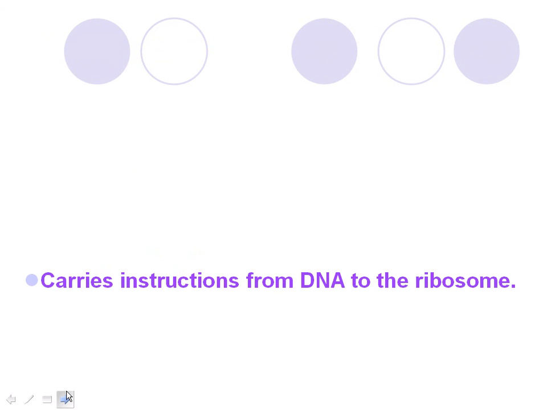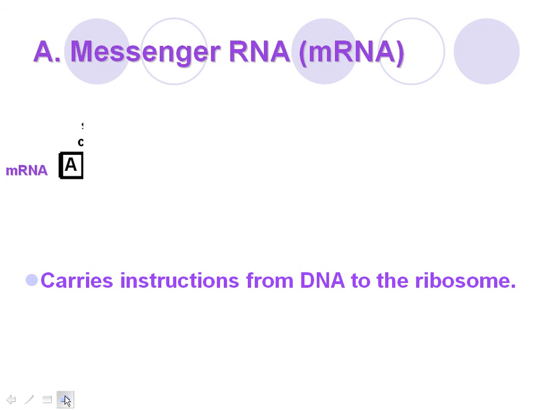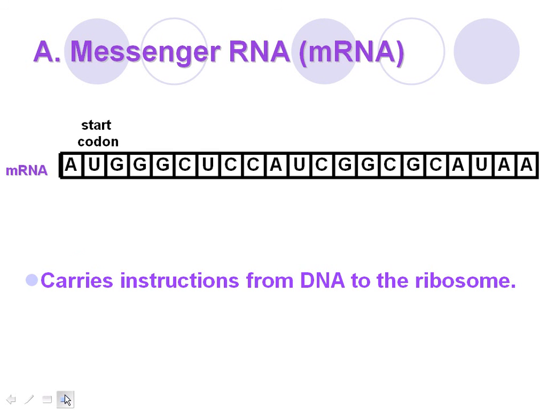Okay, and remember that all of these molecules are produced in the nucleus. So if we look at the messenger RNA strand that's produced, one of the important parts of the messenger RNA is going to be that start codon, because that's going to tell us where we're going to start this translation process.